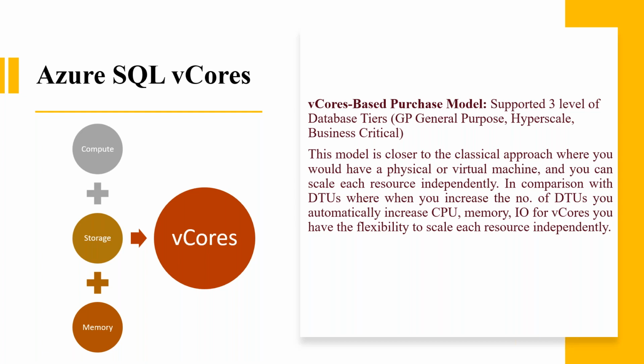We already discussed what DTU is. DTU is nothing but a blend of measures of CPU, memory, and IO, inputs and outputs. When you go for vCore, it's absolutely the same as how you are working on-prem. On-prem, we work with core processors.